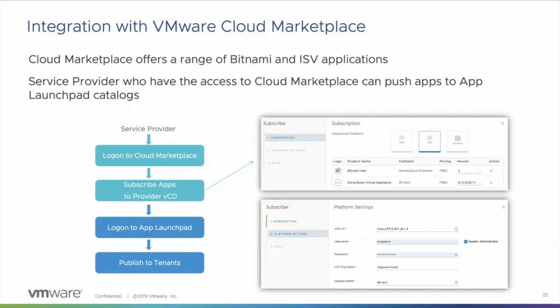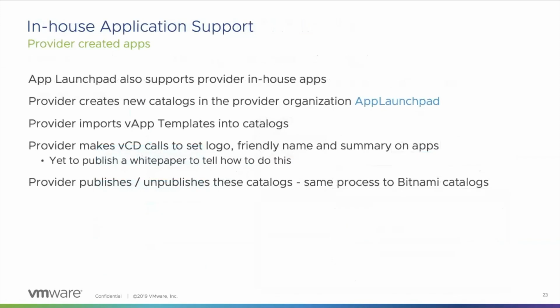So what this means is that the marketplace look and feel is retained in App LaunchPad. So the end user will still see the logos and descriptions and all of the metadata that comes with those applications in App LaunchPad.